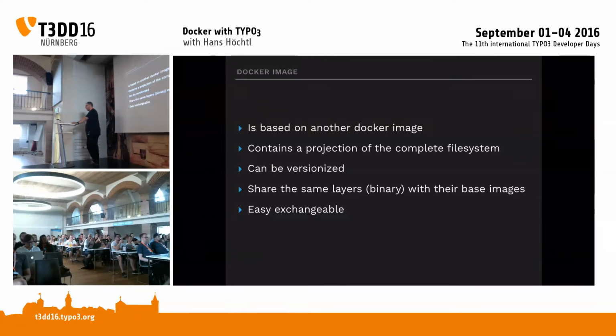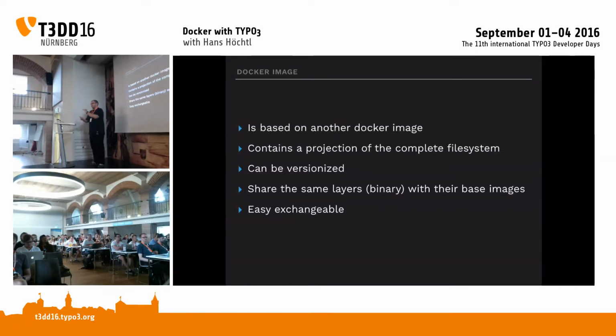A Docker image is, as already explained, a layered concept of snapshots. And that's pretty cool about it because it contains a projection of the complete file system and the file system is layered. What does that mean? I spin up a container that depends on Debian. I add Apache, I add PHP.